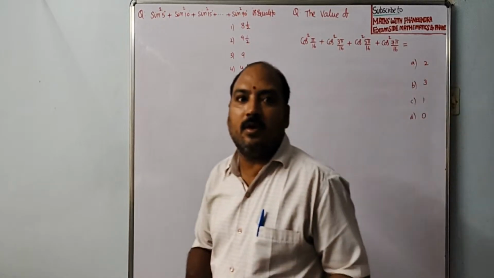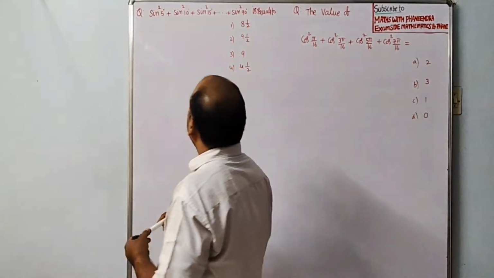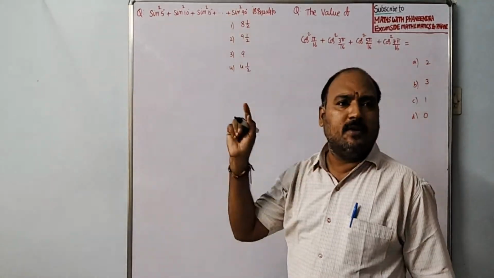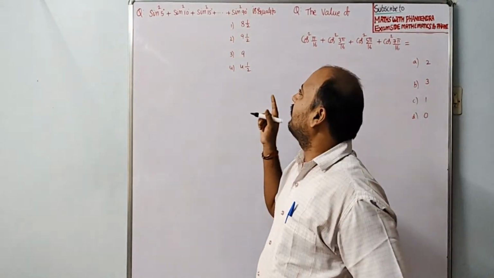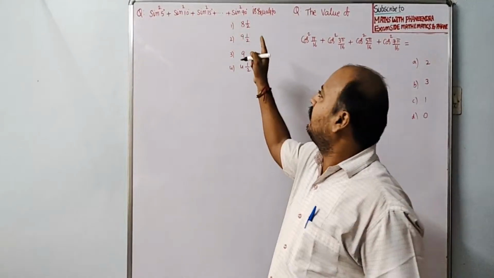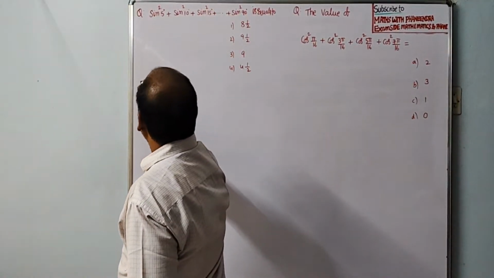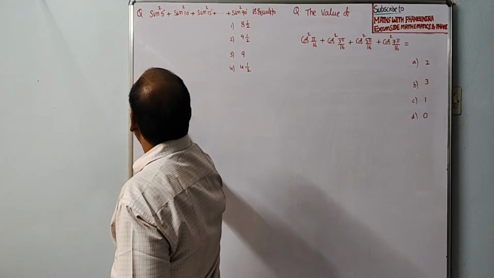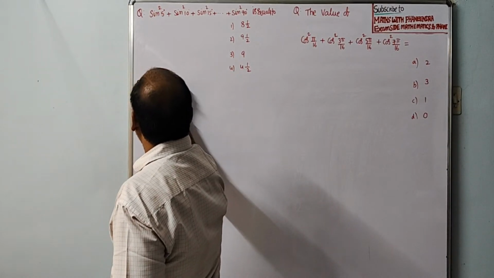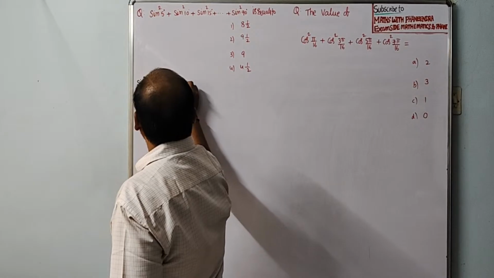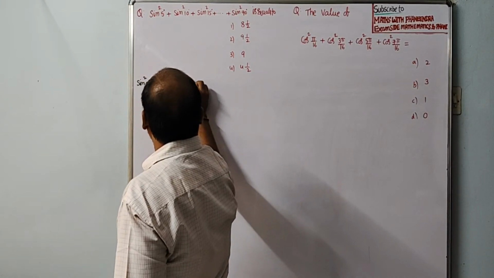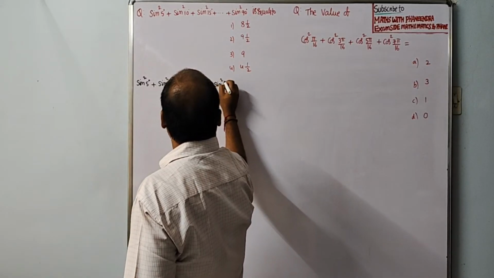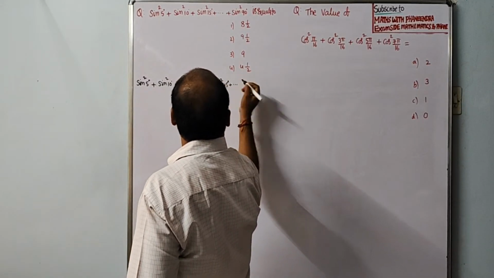Come to the question. Here sine square 5 degrees, the difference is 5 degrees. See how we are going to write: sine square 5 degrees plus sine square 10 degrees plus sine square 15 degrees plus and so on, sine square 45 degrees plus and so on.